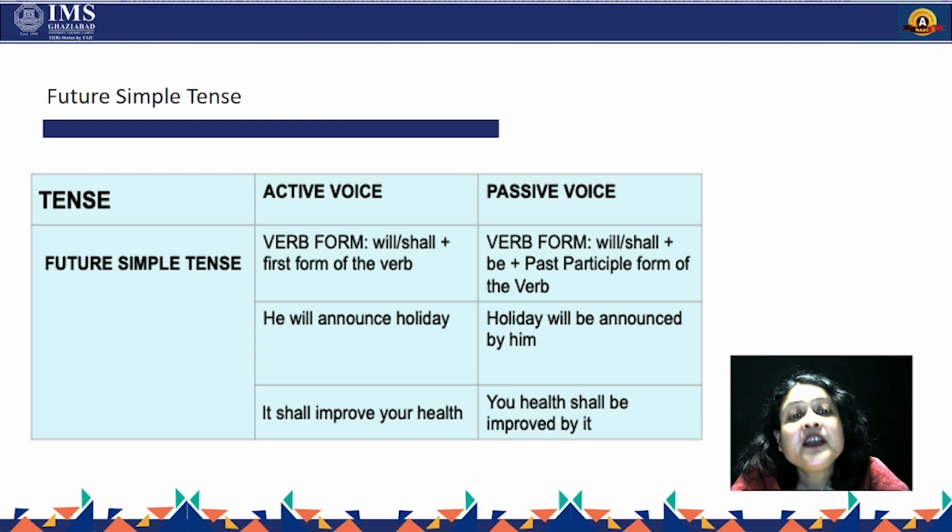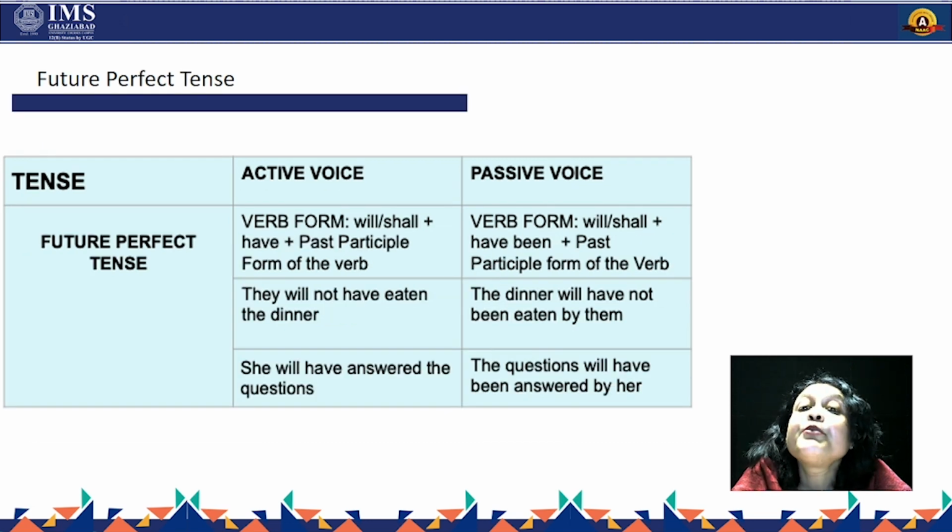Similarly, when we are talking about future perfect tense, the active voice sentence structure is will, shall plus have plus third form of the verb. But when we are transforming it into the passive voice, we have will, shall, same as before, but just a have been is added to it and the past participle form of the verb.